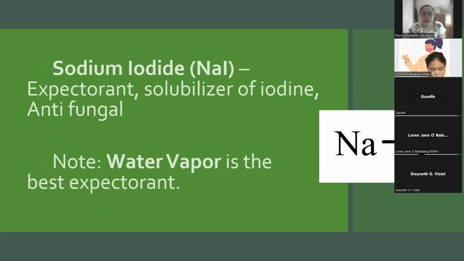So it will be difficult for us to make a solution if we only put iodine. So to help us in dissolving iodine, we add solubilizers like sodium iodide. What happened here? Wait, I don't have my pen.